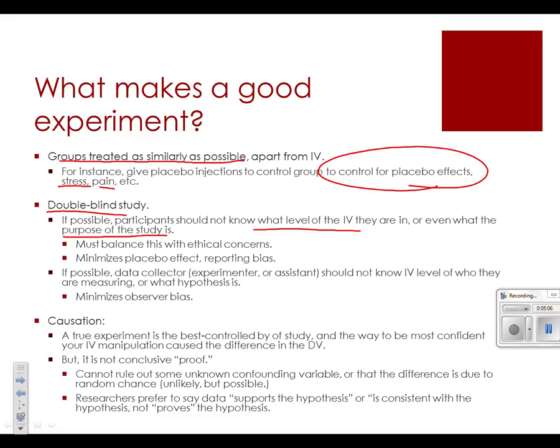Now, if you've reviewed the experimental ethics video already, you know we do actually have to tell them something about that. So you have to balance that with ethical concerns, and particularly the need to let your participants give informed consent, but keeping them as ignorant as possible about what is going on, about what you're looking for, what your hypothesis is, which group they're in, is going to minimize placebo effects.